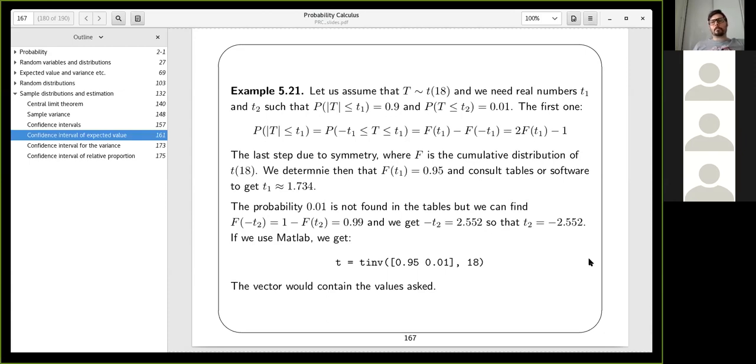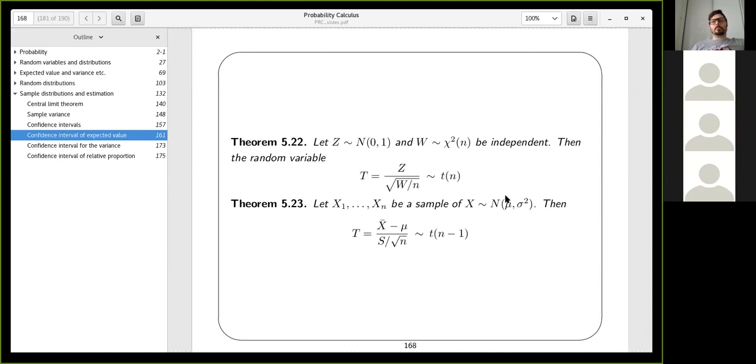Again, you can look up from a table. If you have a book, old school statistics books have these T tables, and chi-squared tables, and normal distribution tables. But in the modern day we probably use software.